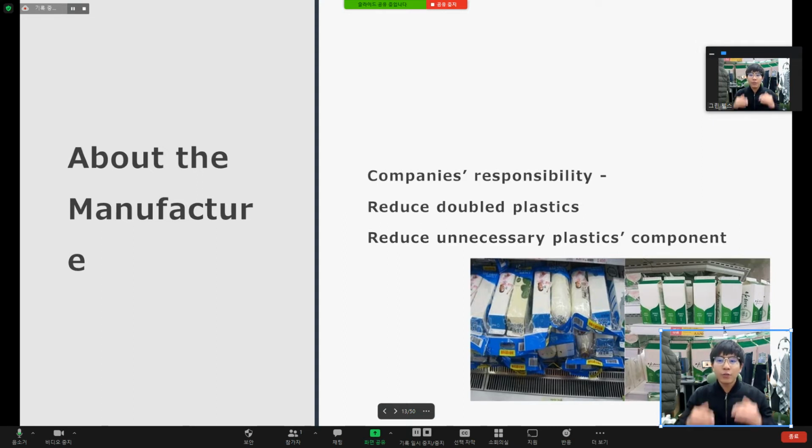In the way of reducing those unnecessary plastics, you don't have to use it like twice in one plastic, right? Problem solved.